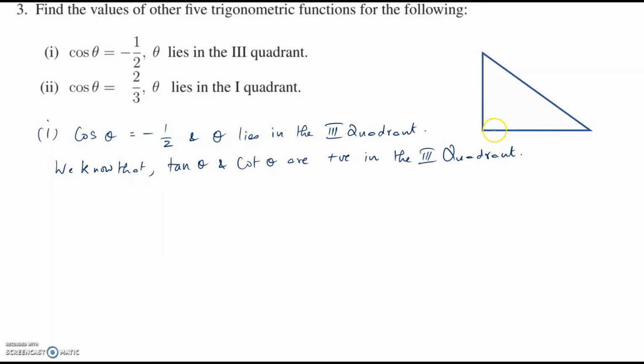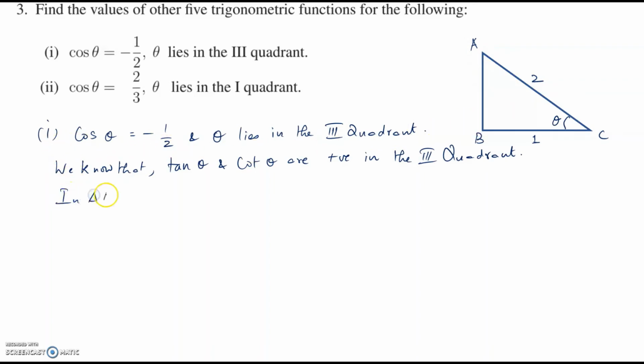Okay, so what we're given here is our cos theta is equal to minus 1 by 2. So, this is our theta, the angle theta. Cos theta is adjacent side by hypotenuse. So, adjacent side is 1. If we define this as, let's say, A, B and C, BC, which is the adjacent side, will be 1 and the hypotenuse is 2. So we need to first find AB.